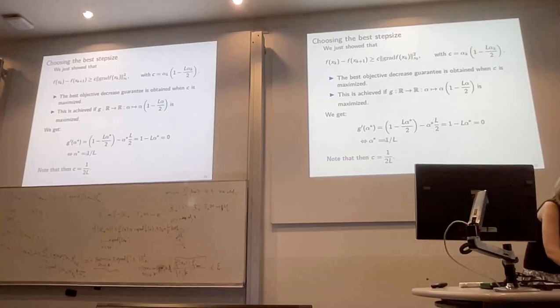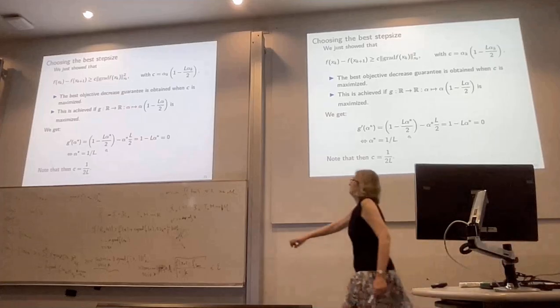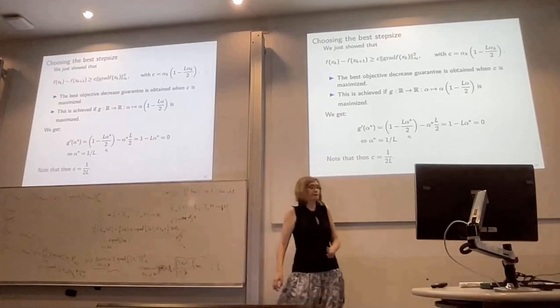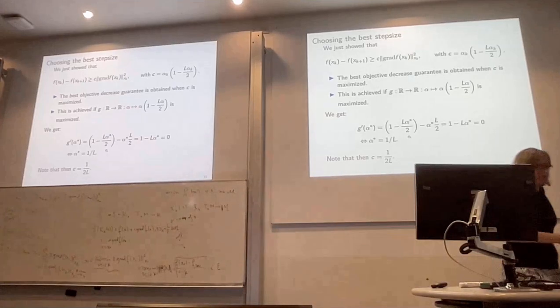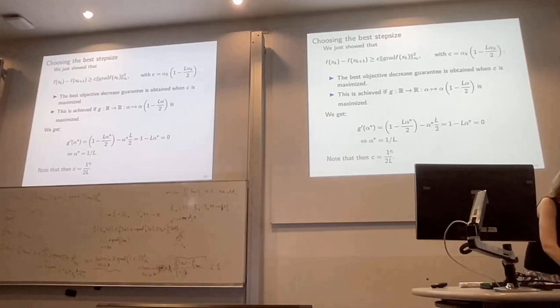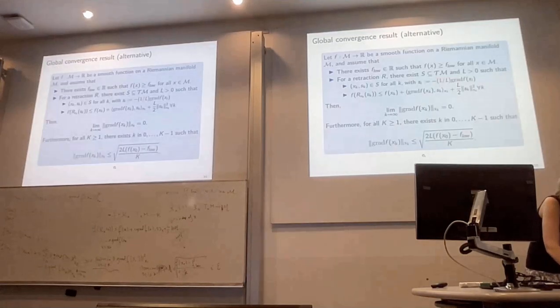And when I do that, I find that alpha is 1 over L, where L was my smoothness constant from here. So then C is 1 over 2L. For those of you that are familiar with Euclidean gradient descent, these quantities may be very familiar.